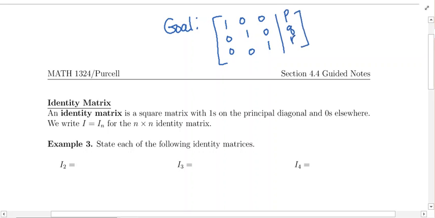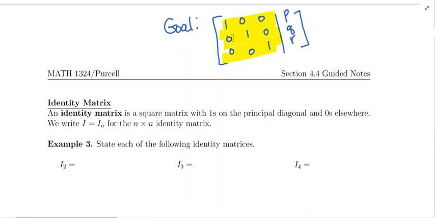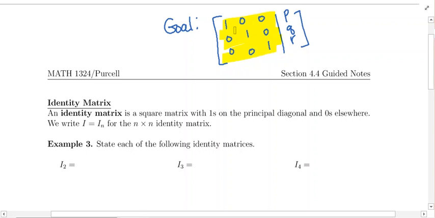And I refer to the left side of the vertical bar, this part that I'm highlighting right here, as the identity matrix. So basically, the identity matrix is a square matrix. It has to be a square matrix, has to have the same number of rows as columns, that's what square means.